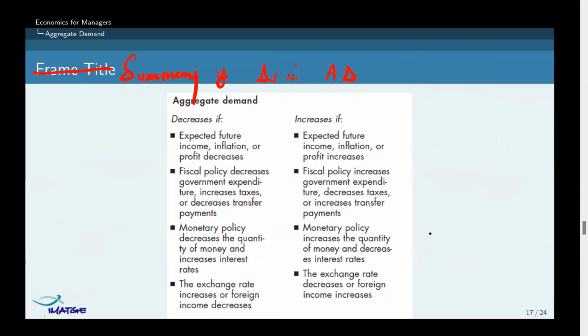All right. So here we have the aggregate demand and the various ways through which it can increase. If expected future income in the economy, inflation, or profit decreases, which means your aggregate demand currently will decrease.